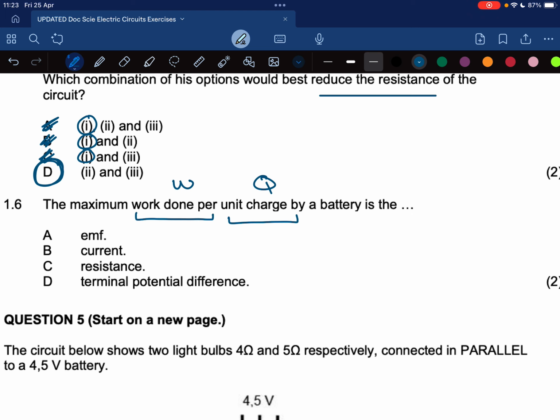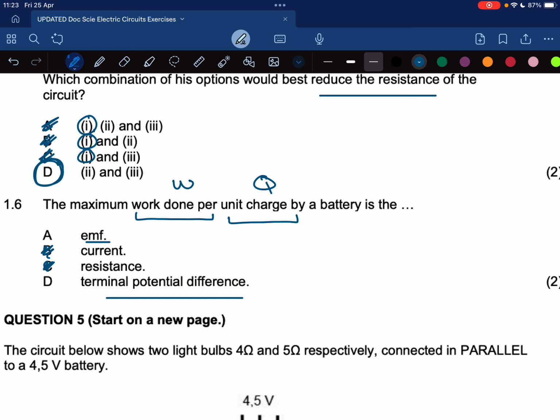potential difference. But now, is it going to be terminal potential difference or is it going to be EMF? Well, terminal potential difference is just any voltage, right? It can't be these two, so it has to be A or D. But any voltage is calculated by work done per unit charge.